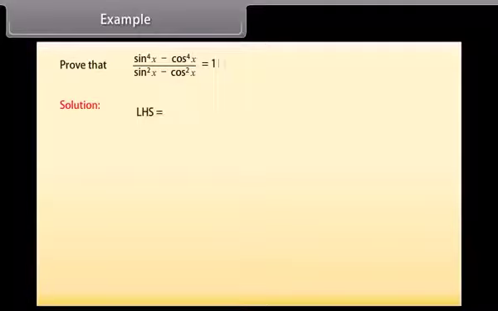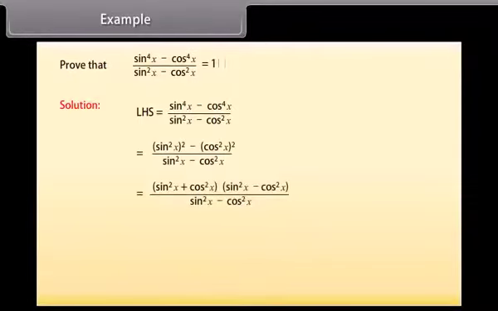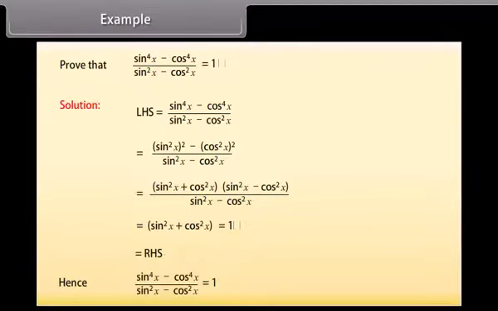On solving the left-hand side, we get 1. And this is equal to the right-hand side. Hence, sin raised to the power 4x minus cos raised to the power 4x whole upon sin square x minus cos square x is equal to 1.